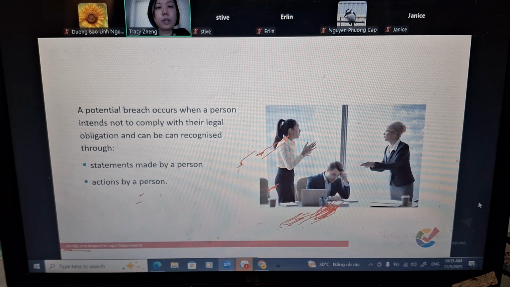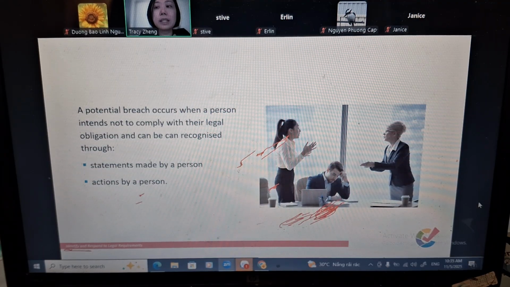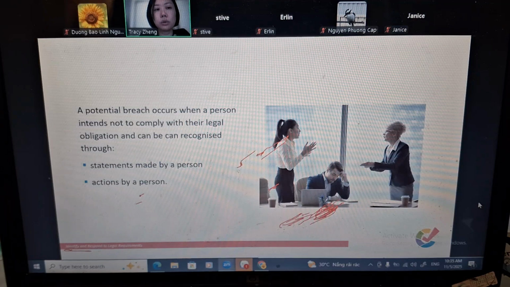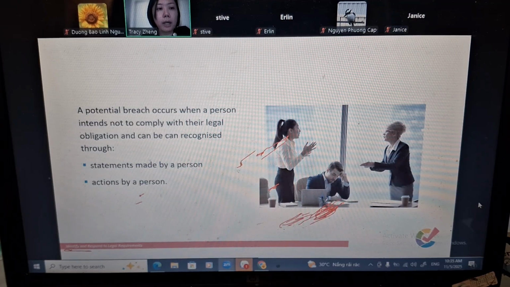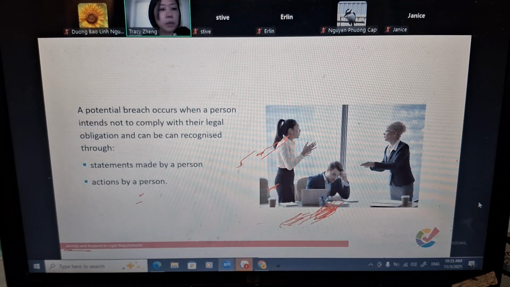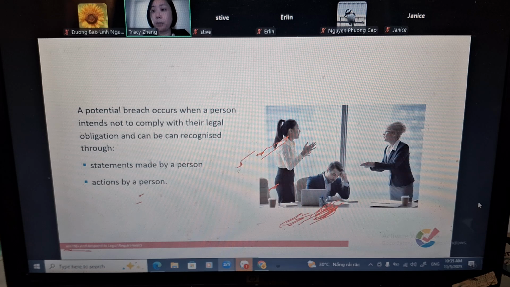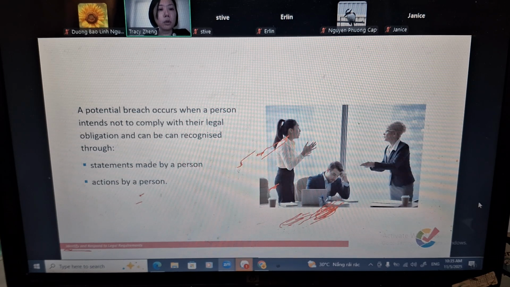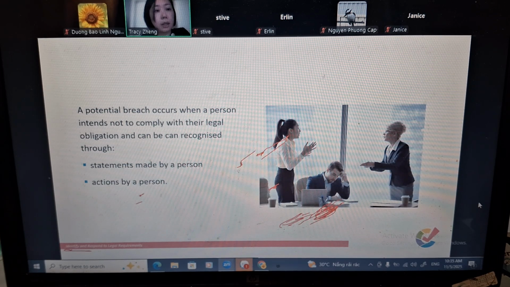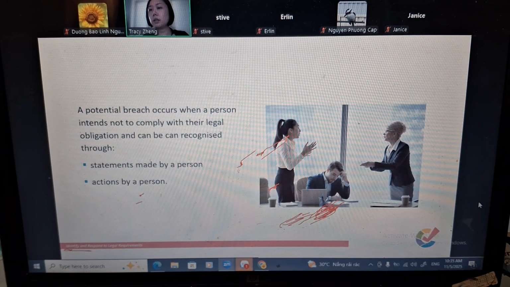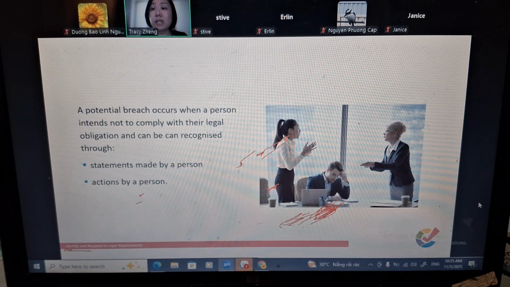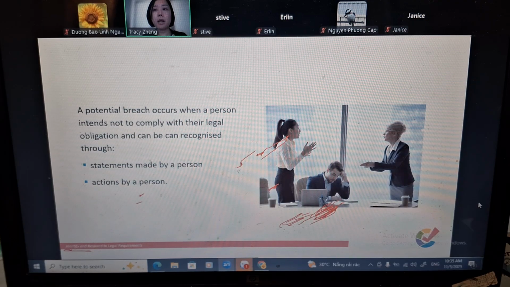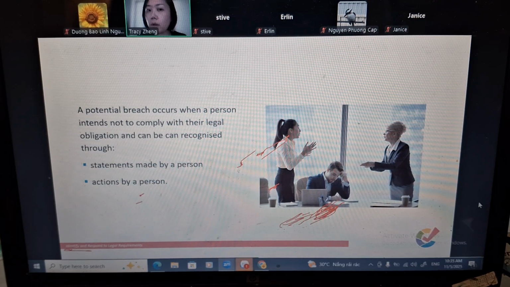A potential breach occurs when a person intends not to comply with their legal obligation, and it can be recognized through statements made by the person or any actions by the person. That means the person is doing it on purpose, intending not to follow those legal requirements, so you foresee they are having a potential breach.